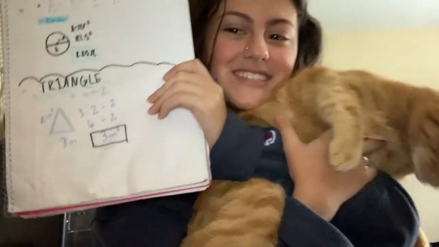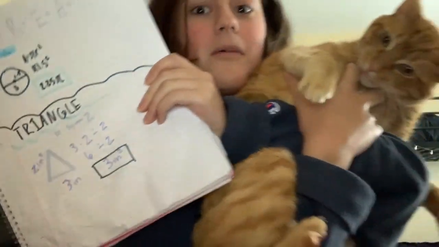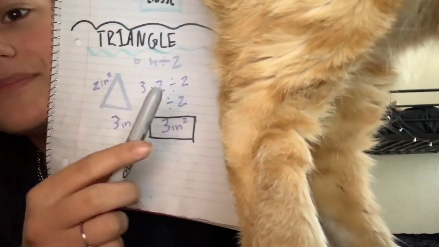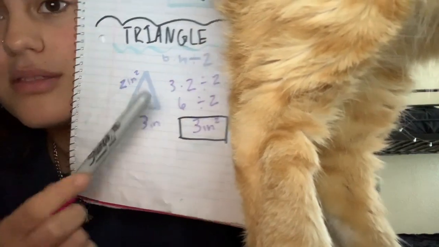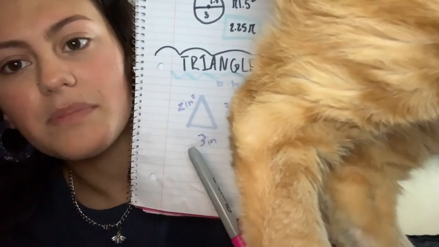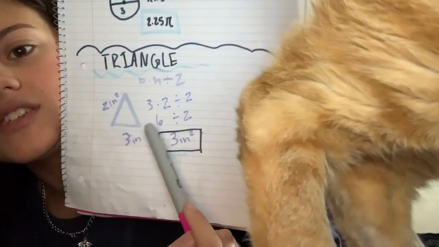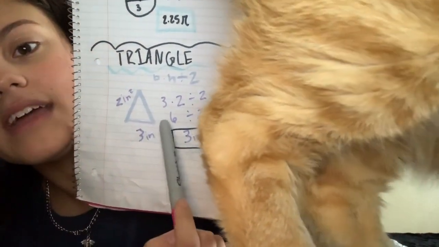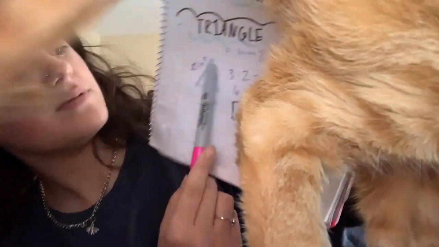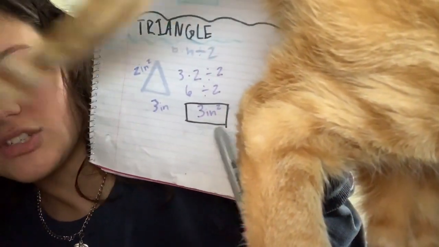And the measurements turned out to be, remember, the formula is base times height divided by 2. So the base was 3 and the height was 2. So I did 3 times 2, and then that was 6 divided by 2, which is 3. But you have to remember your units, which is inches, so it is 3 inches squared.